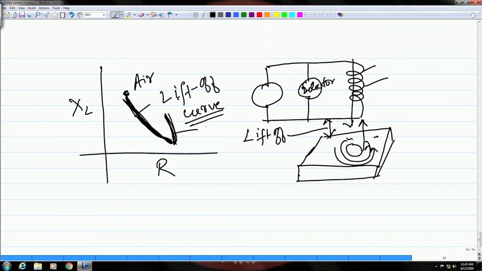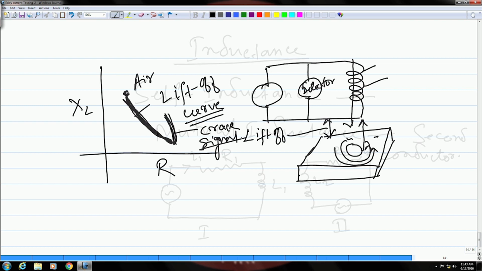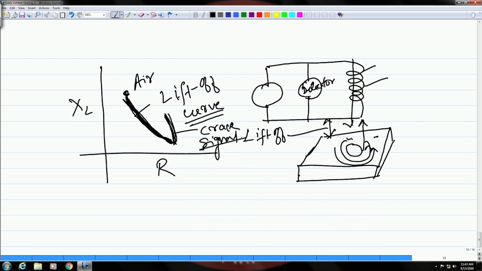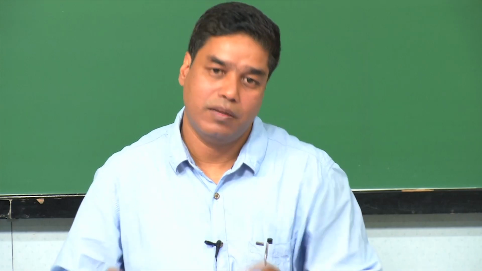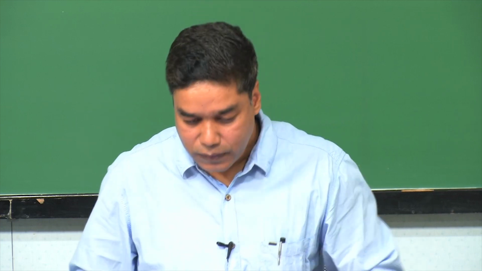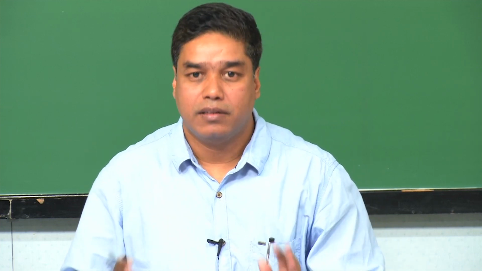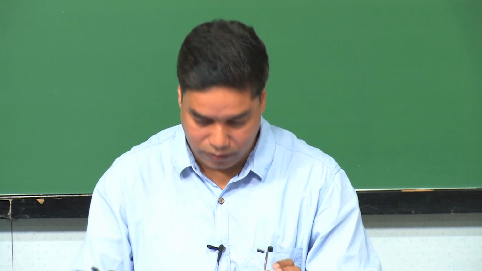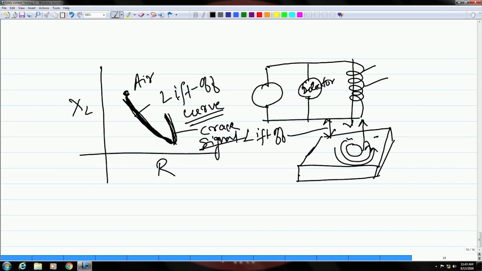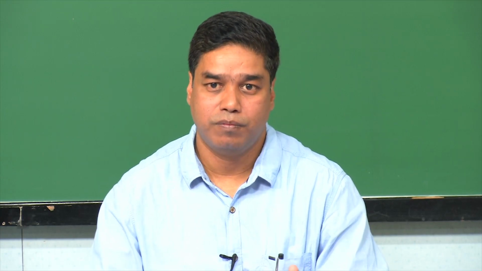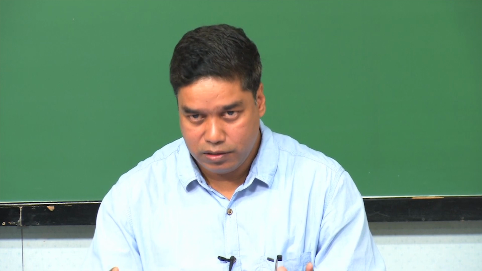Okay. So, this is the crack signal, and that is how this will indicate the presence of a defect on the sample surface. Okay. So, this is the basic principle of this particular technique, which is based upon this impedance plane, which we derived with the help of two laws primarily.